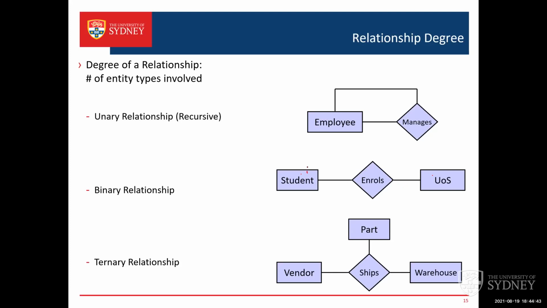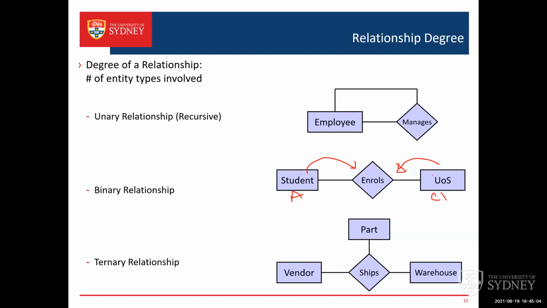So what attribute can we take from here and from here so that we can make a connection? We know that student A is enrolled in course 1. So which attribute should I take into this enrolled table?